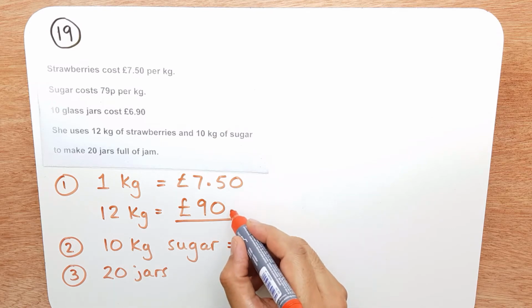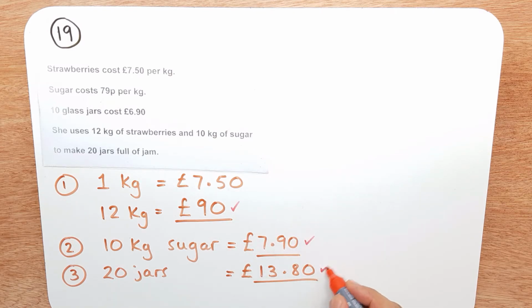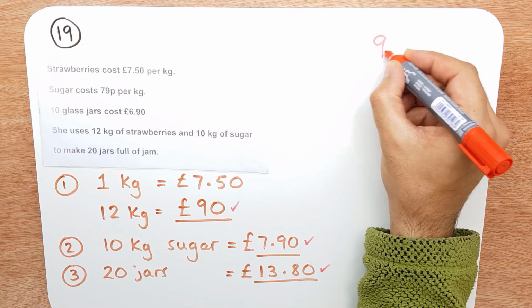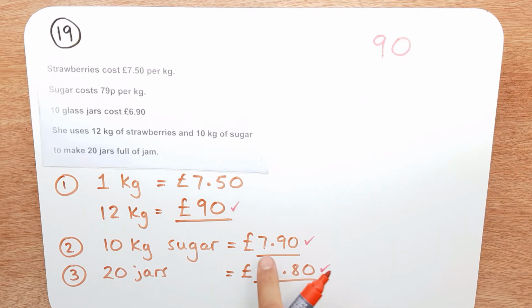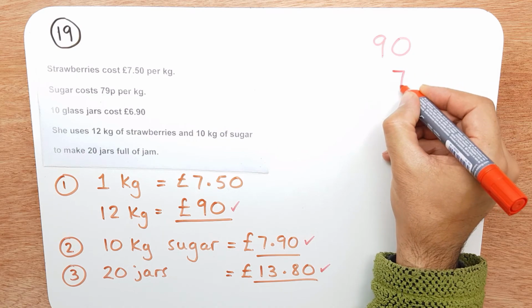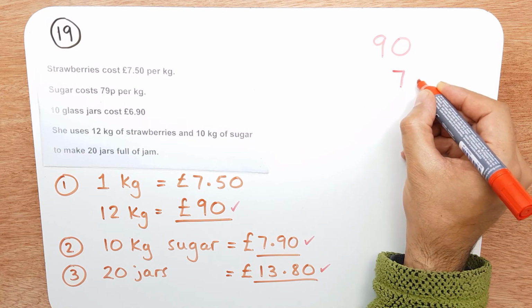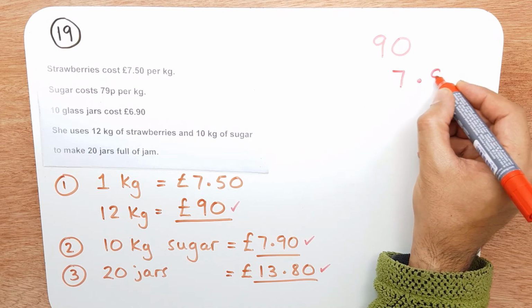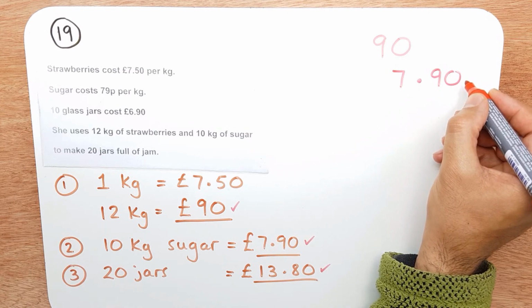Now we simply add these 3 numbers that we've worked out, but we have to be careful to line them up. So 90. £7.90. So 7 goes in the ones column or the units column. Decimal point goes there. 90.